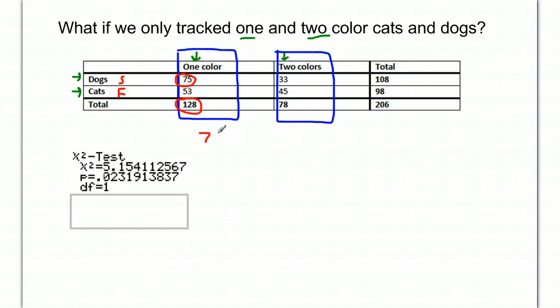That would be your first proportion right here. And over here, 2 colors, same thing, success out of the total. So 33 out of 78. So those are my 2 proportions.